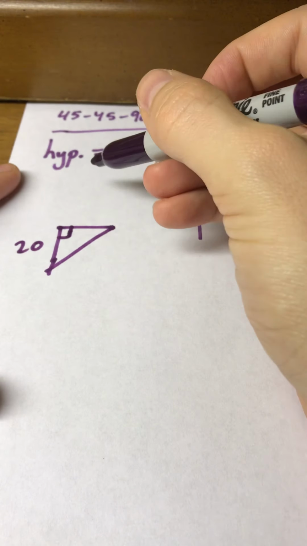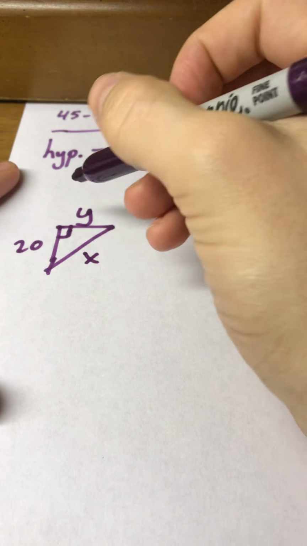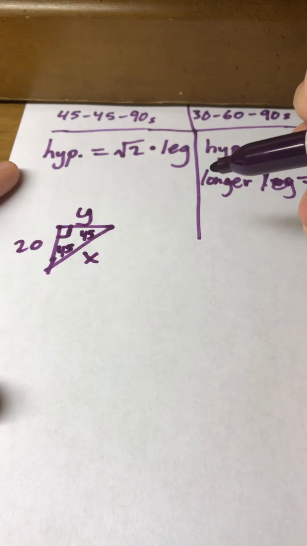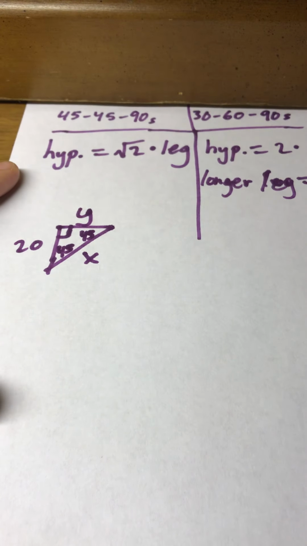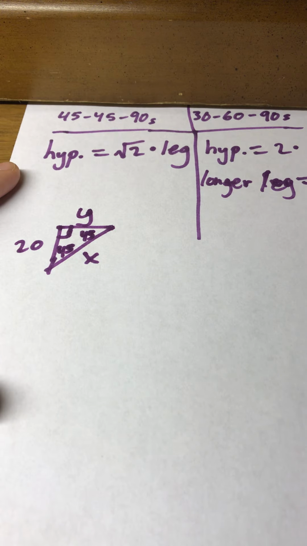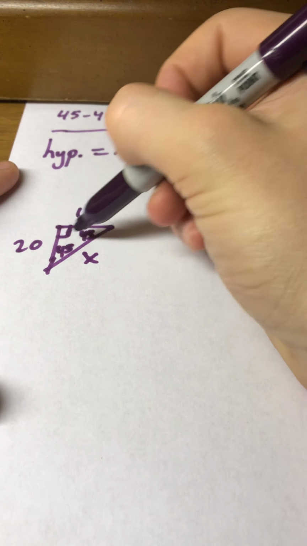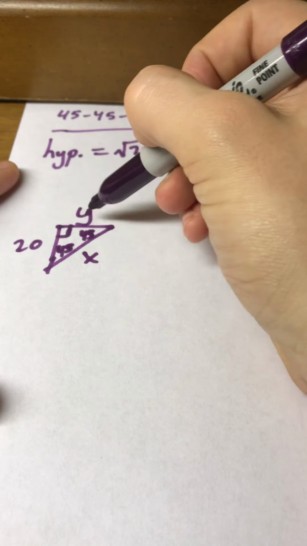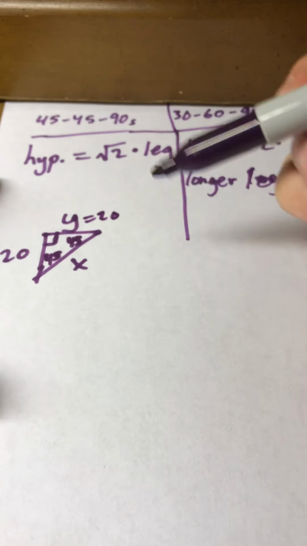Let's say we'll call that Y and X, and these are two 45-degree angles. Let's just find X in this one. Well, we could find the other one, but we know if 20 is across from the 45 and Y is across from the 45, they have to be the same. So if this leg's 20, that leg's got to be 20 as well. So there's not a whole lot of work to be done for that one.